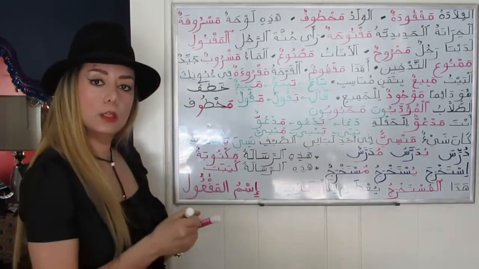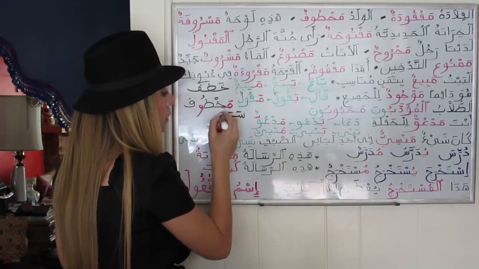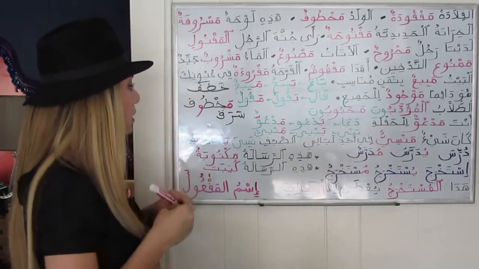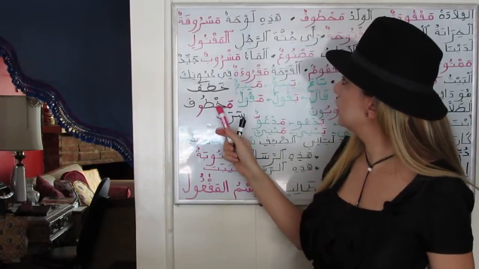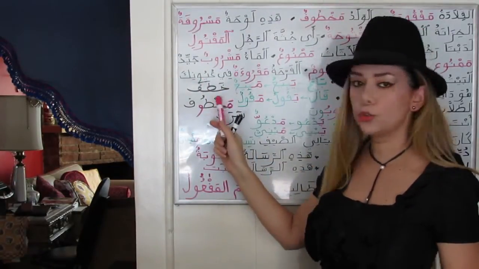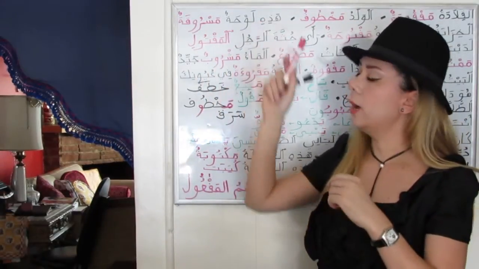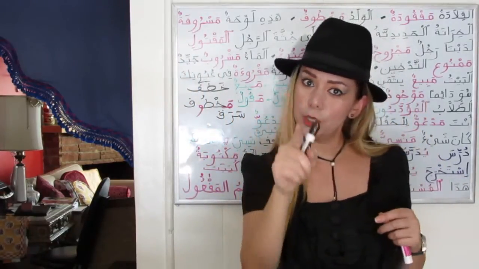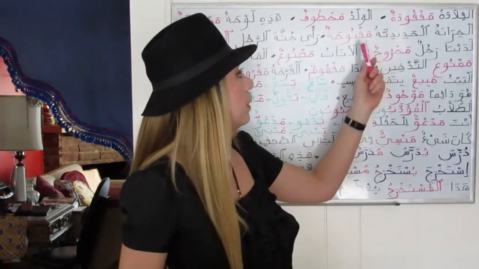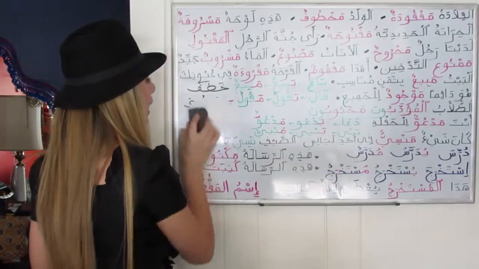سرق is to steal. So what do we do? Easy. You add the mim and the sin, mas with sukun, مسروق. And since لوحة, painting, is feminine, it has to match in gender. مفتوحة, from the verb فتح, to open.